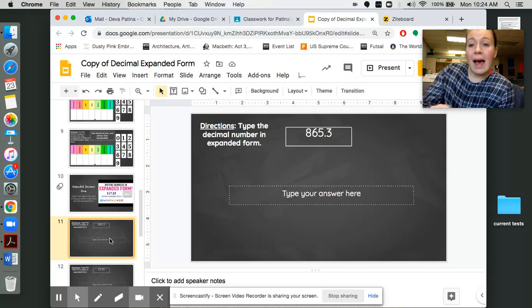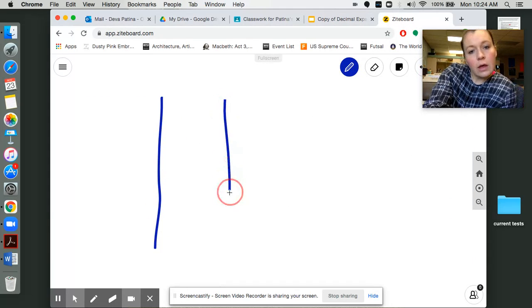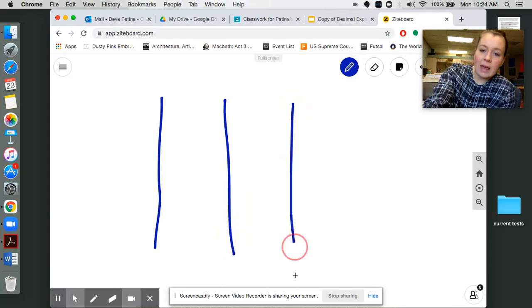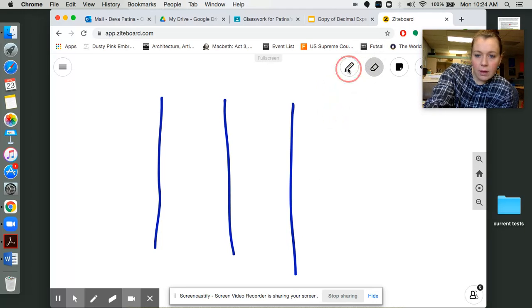So I'm going to write the whole number in expanded form first. And it always helps me to identify the place value of the numbers first, because if I know what the place value is, then it's going to be a lot easier for me to do the expanded form. Because if I know where they go, the place value tells me what their expanded form needs to be anyway.